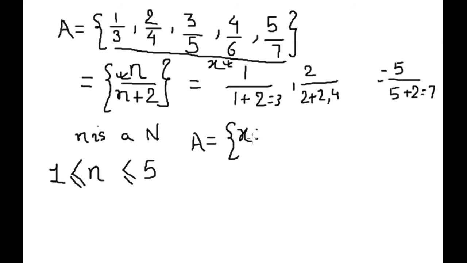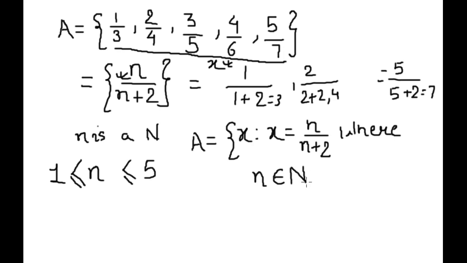This x is equal to n by n plus 2, where n is an element of natural number, and this natural number should be greater than or equal to 1 and less than or equal to 5. In this way we can write a set builder form.